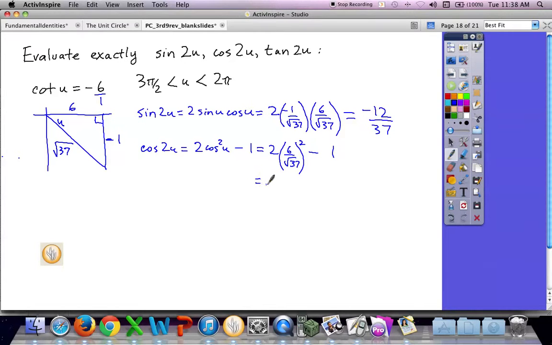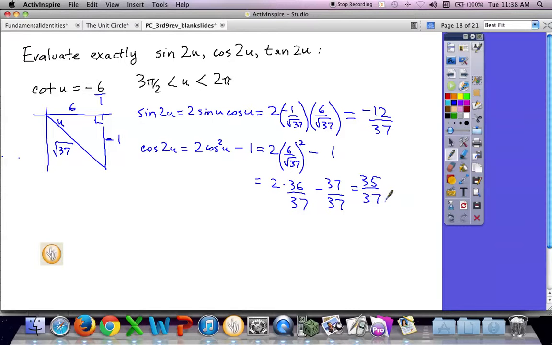So this is 2 times 36 over 37 minus, and I need a common denominator, so let me make this 37 over 37. And that will be 72 minus 37, which is what? 35. 35 over 37.